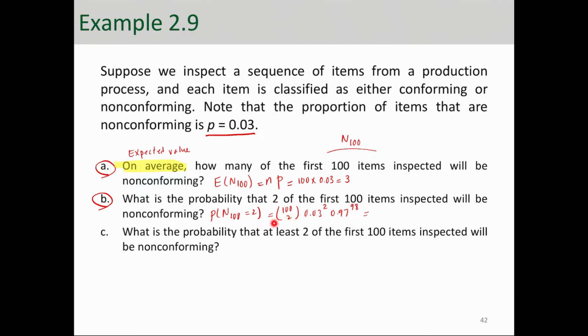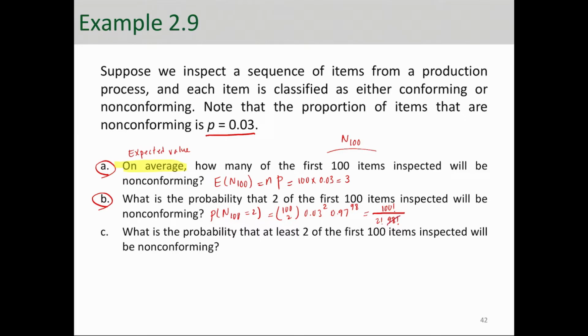Some of you might have calculators that allow you to calculate the binomial coefficient instead of going through the formula by hand. But in any case, calculating that coefficient is not that difficult. Here we have 100 factorial divided by 2 factorial times 98 factorial. Make sure that when you have numbers as large as that, you don't put 100 factorial in the calculator and try to divide it by 98 factorial.